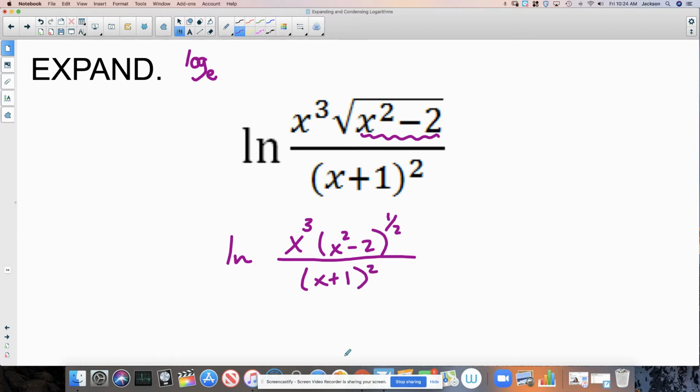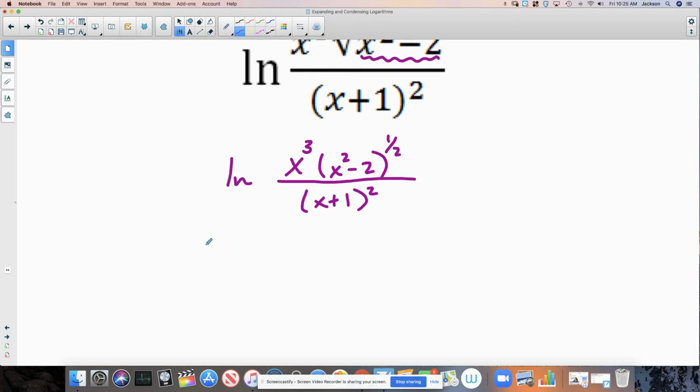Okay. So now I'm here. Now, are there any exponents that are exponents of everything here, right? There are lots of exponents here. There's 4 different exponents in this problem, but none of these apply to everything, right? So I'm not bringing any of these down in front of this logarithm as it currently stands.